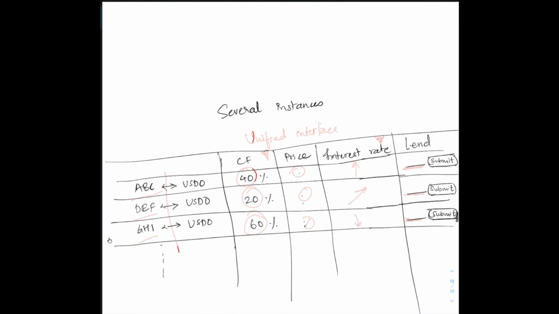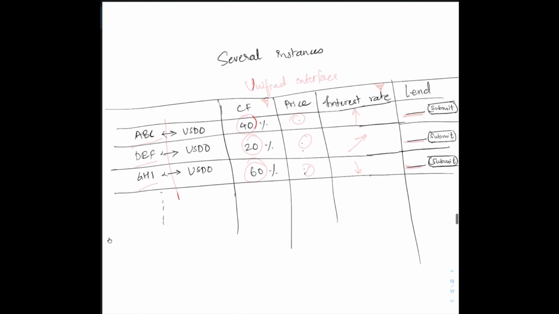So effectively there will be many instances with pairs against USDO, for example ABC USDO, DEF USDO, GHI USDO, etc. Depending upon their trade volumes, their collateral factors will be different, and of course their prices will be different. Depending upon the demand and supply for USDO in that market, the interest rates can be high, low, medium, etc. So a user who has USDO and wants to deploy it can approach this single unified interface.